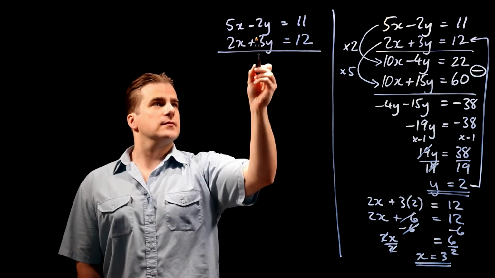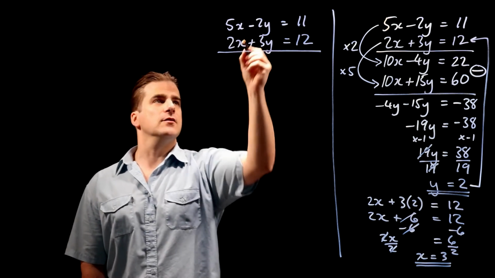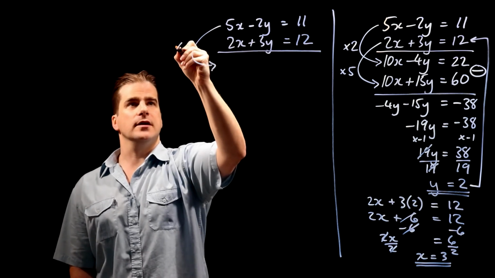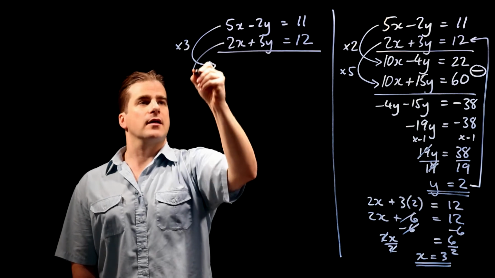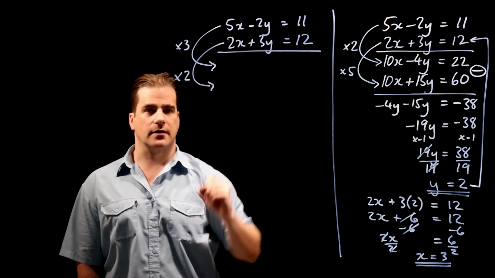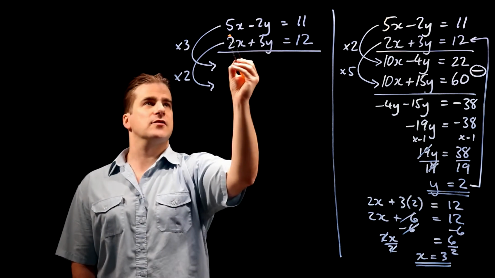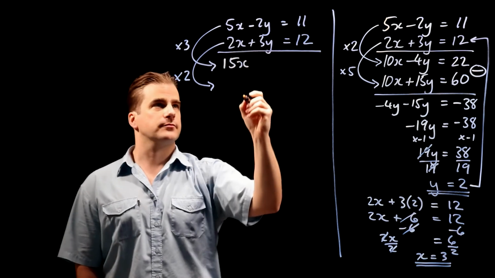Well, 2 and 3 both go into 6. So if we multiply the top equation by 3, we'll get the 6. And if we multiply the bottom equation by 2, we'll get 6y again. So let's do it. Top equation times 3. 5x times 3 is 15x.